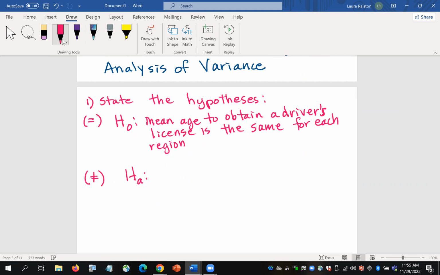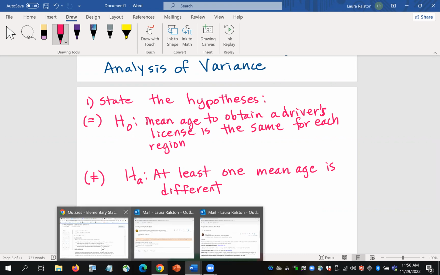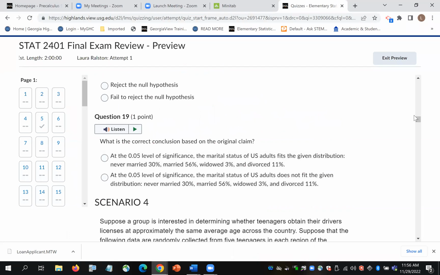The alternative then would be that at least one mean age is different. Or you could say the mean age to obtain a driver's license is not the same. But I'm trying to use the similar language to what you're going to see in D2L, because I kind of looked ahead to see.